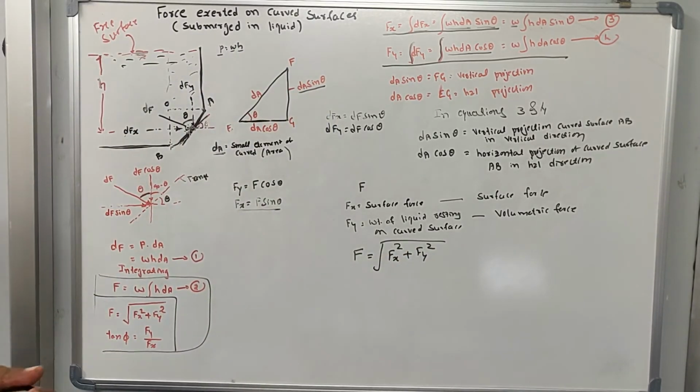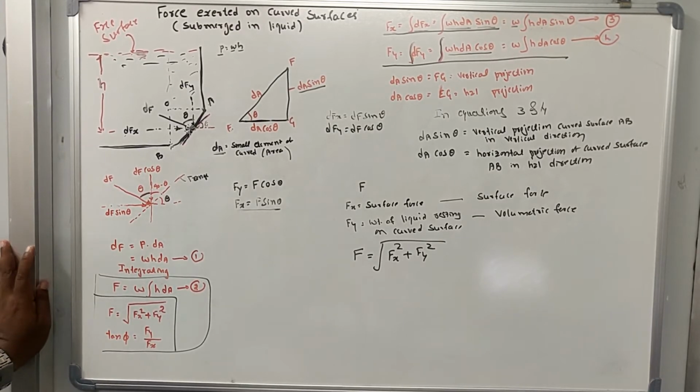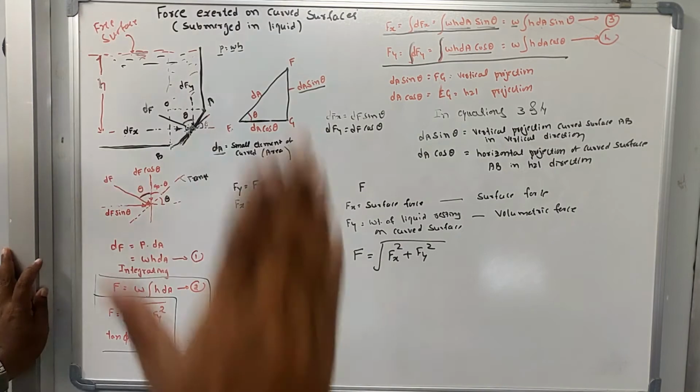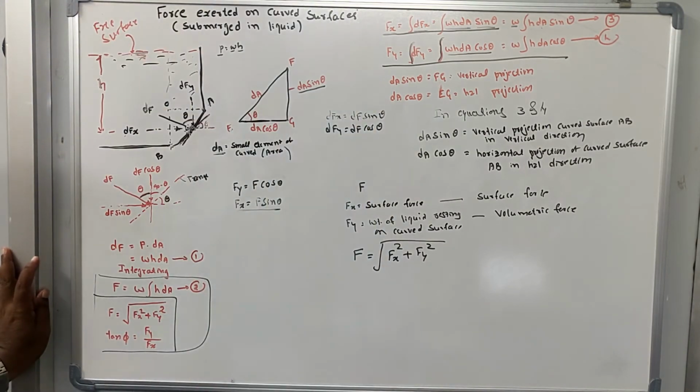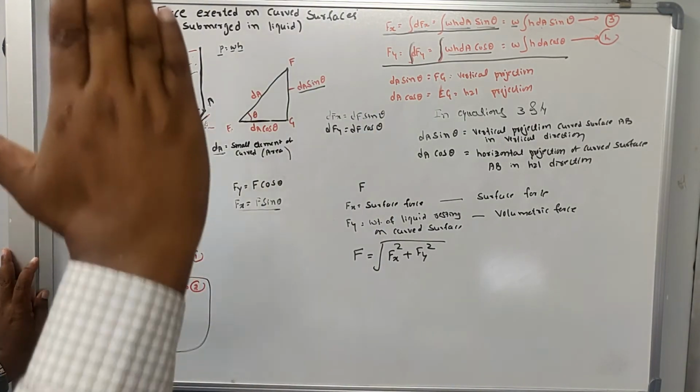So the case is very simple in the case of a curved surface. To know the force exerted by the static mass of fluid on the curved surface, you take the projection of the curved surface in the vertical direction, as for a plate immersed in the vertical direction.